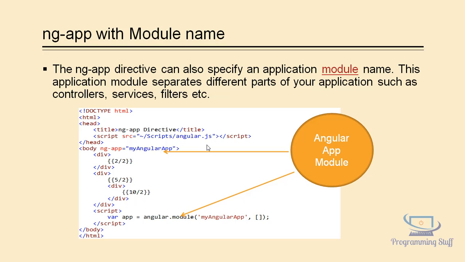In this example, we have specified a module name using ng-app equal to myAngularApp in the body tag, and then we have created the myAngularApp module using the angular.module function inside the script tag. We will see modules in detail in the next section.